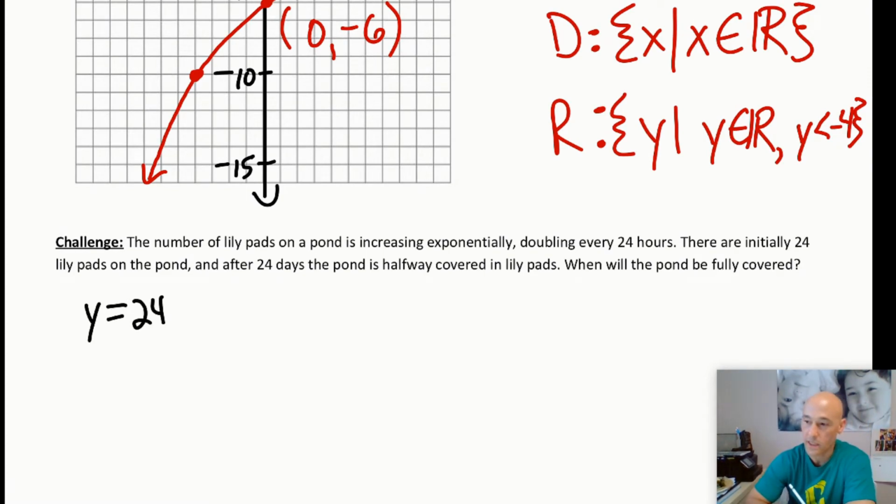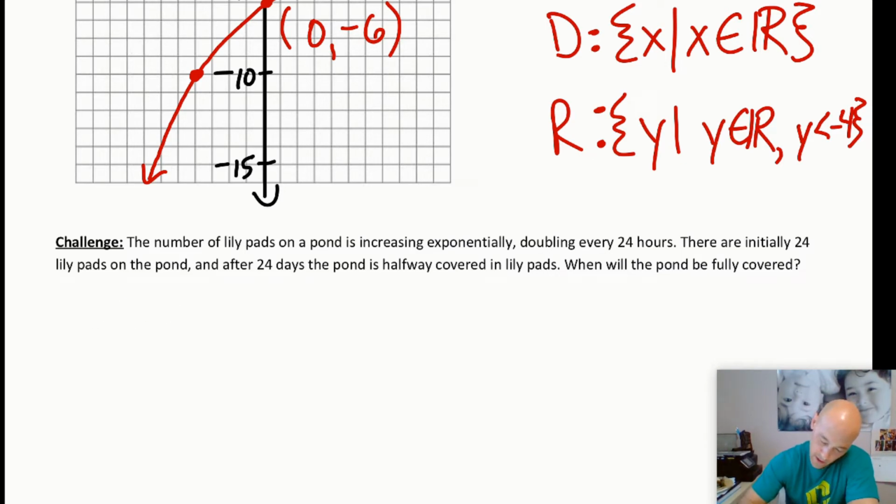There are initially 24, and it's doubling every day. So x is the number of days. No, that isn't the right way to think about it.